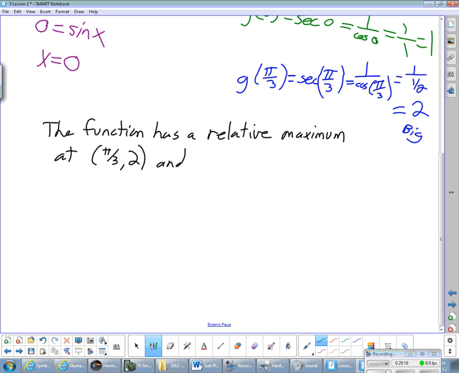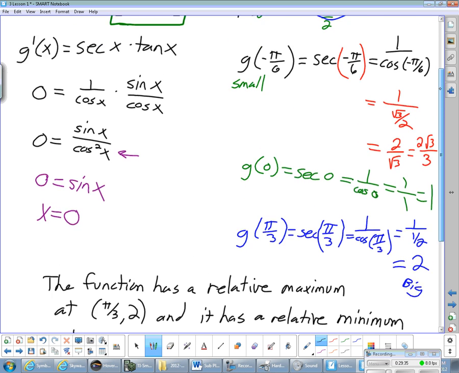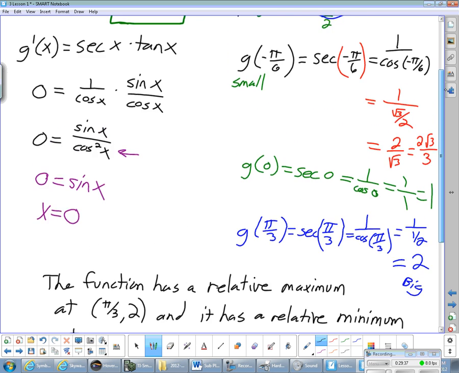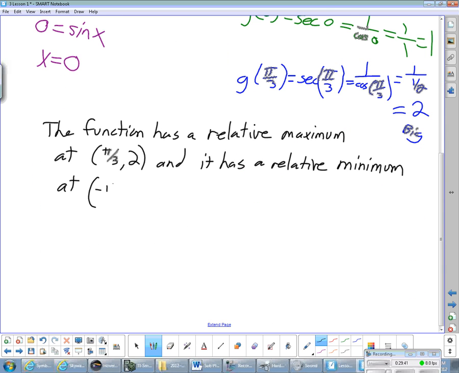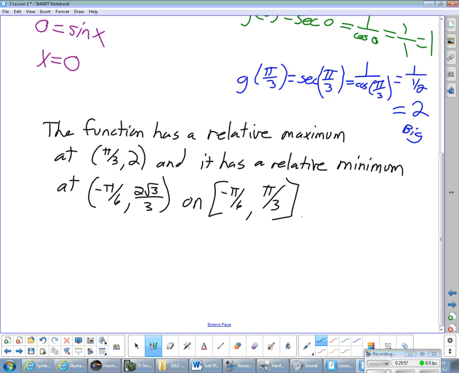And it has a relative minimum at the other one, negative pi over 6, comma 2 times the square root of 3 over 3. That's the location. And this is all on the interval from negative pi over 6 to pi over 3, on that interval, and that's a closed interval.